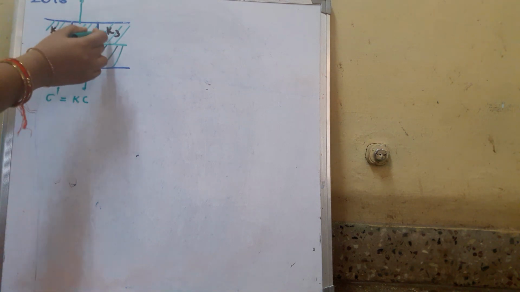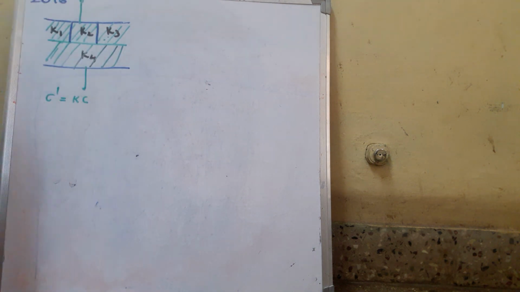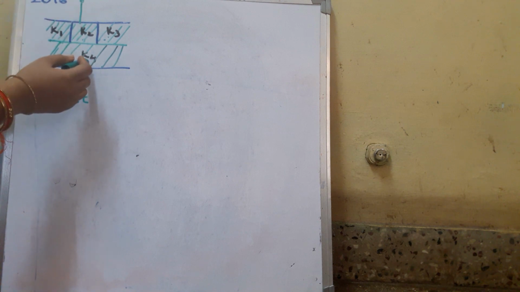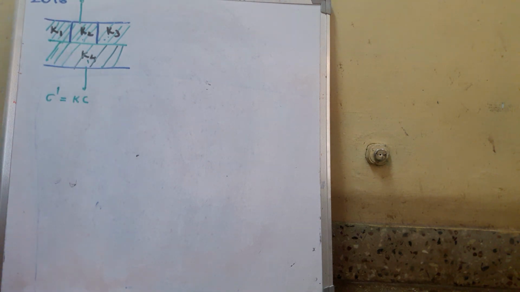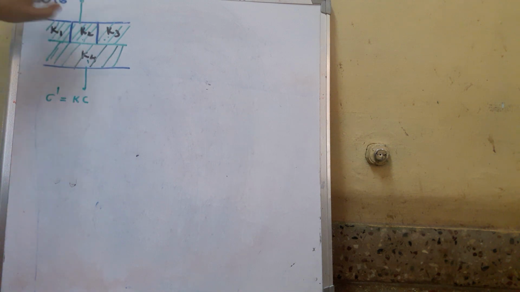Can you see in which way these three capacitances are connected? They are connected in parallel. And this effective capacitance will be in series with this capacitance. Do you agree? These three are connected in parallel because they have the same potential. This one is in series with this capacitance.